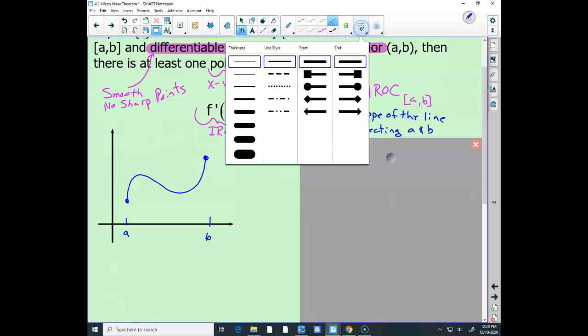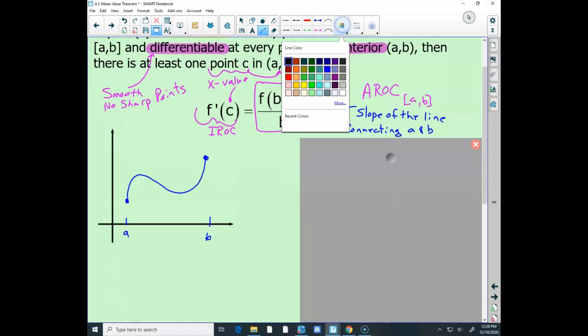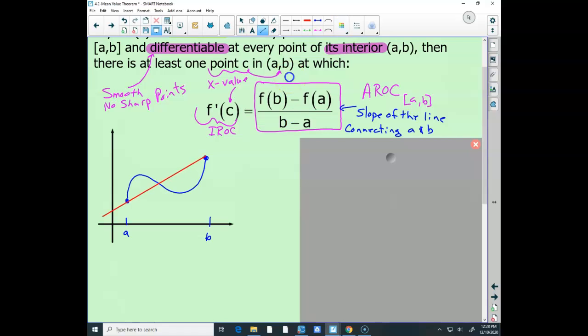I need a line. I'm going to make it red. It's the slope of that line connecting these endpoints. That is my average rate of change.